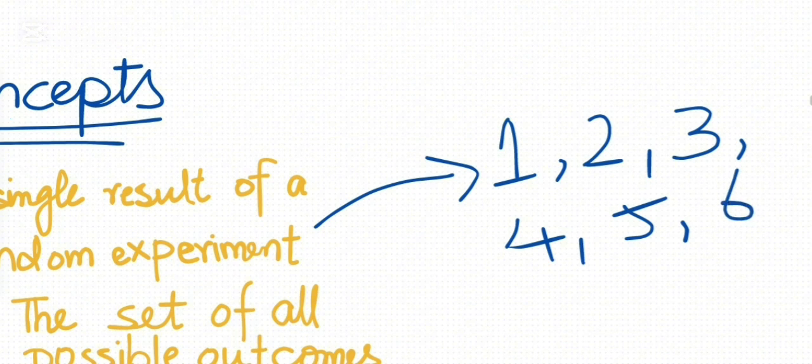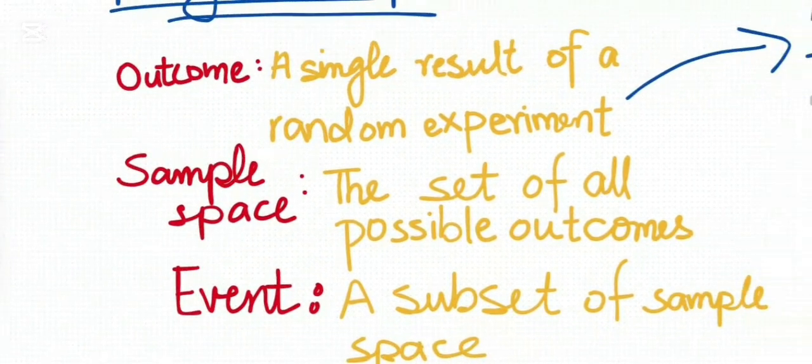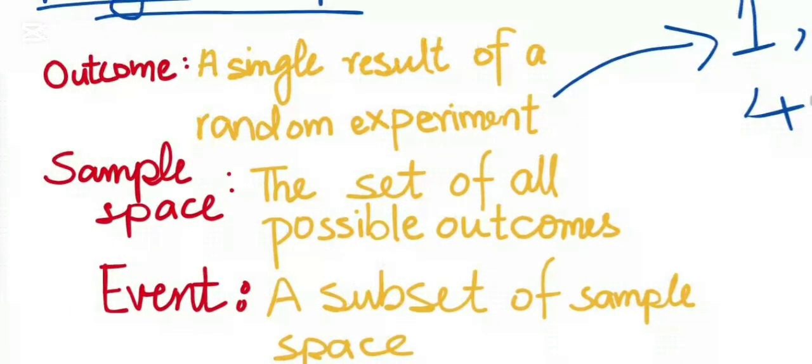Now, what is sample space? Sample space is the set of all possible outcomes of a random experiment. For example, if you toss a coin, you will get either heads or tails. If you roll a dice, the sample space is 1, 2, 3, 4, 5, 6.